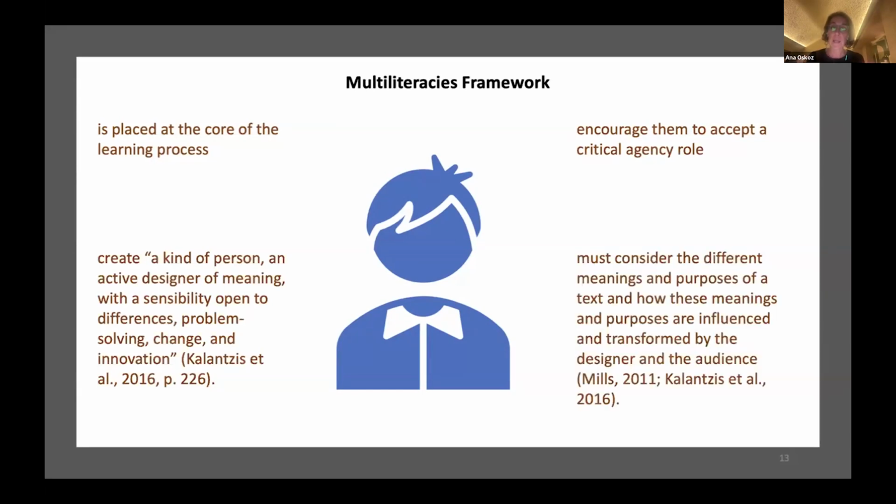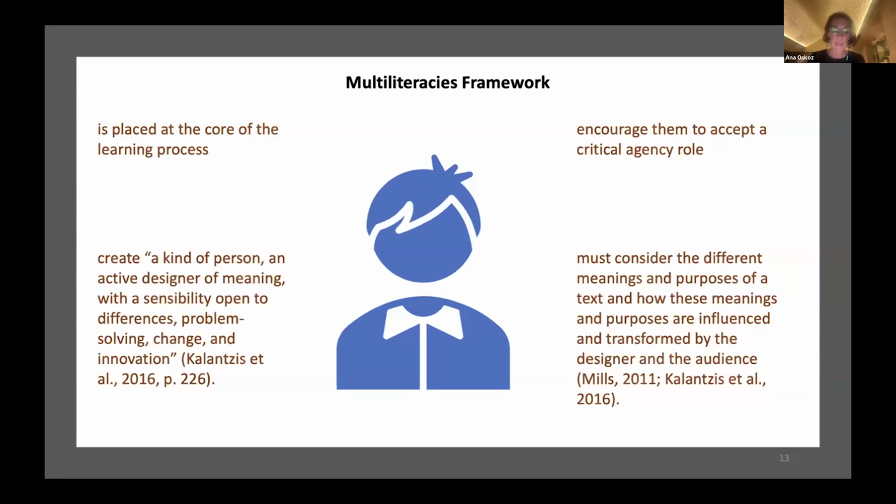And as a learner, they have to consider the different meanings and purposes of the text, and also understand that those meanings and purposes are influenced and transformed, both of them, both by the person who is designing the text, the designer, but also by the audience who is receiving the text.